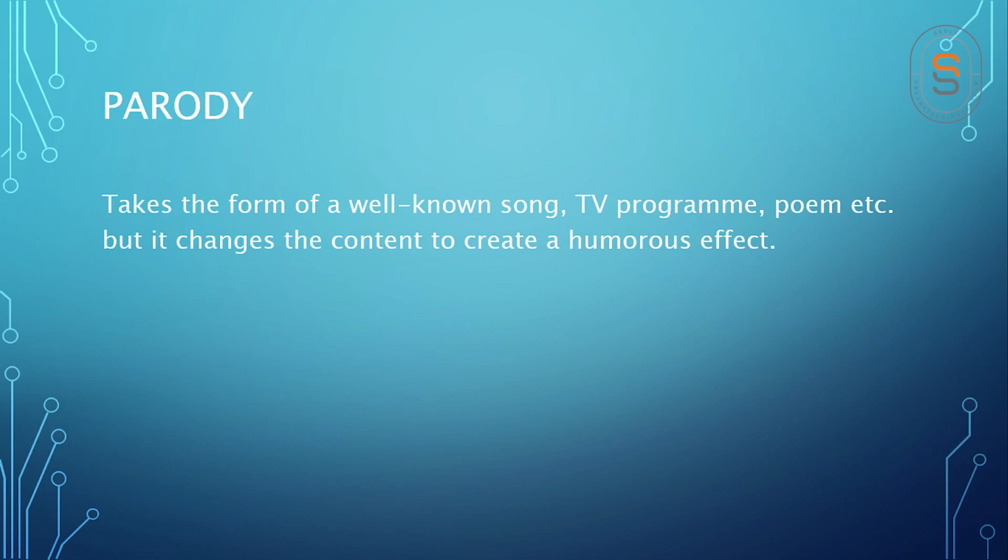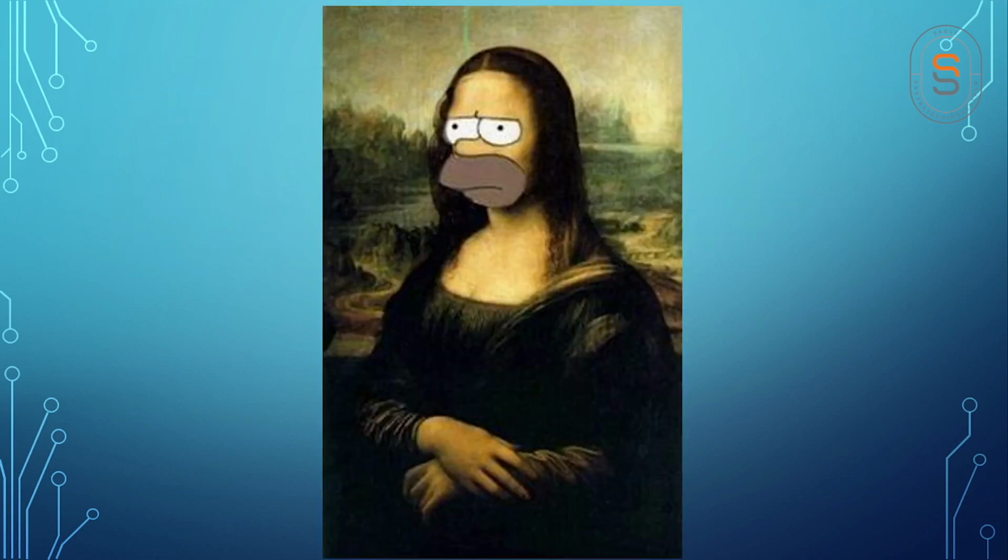So it's, for instance, a song that everyone knows, and the cartoonist changes the words, and we all know the tune, and he changes the lyrics in order to make it funny and applicable to a certain situation. Now, the first example is, we all know the painting of Mona Lisa, and it is substituted with the face of Homer Simpson in order to make it funny.